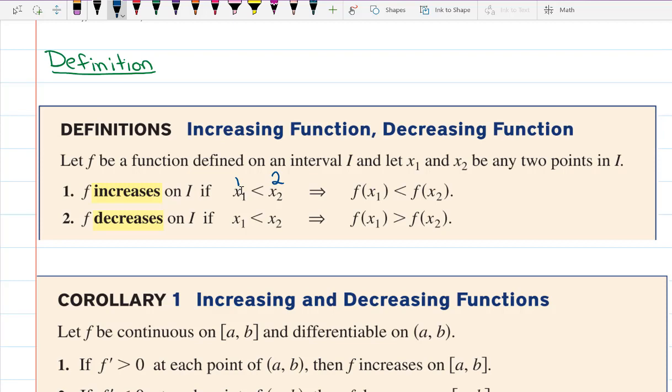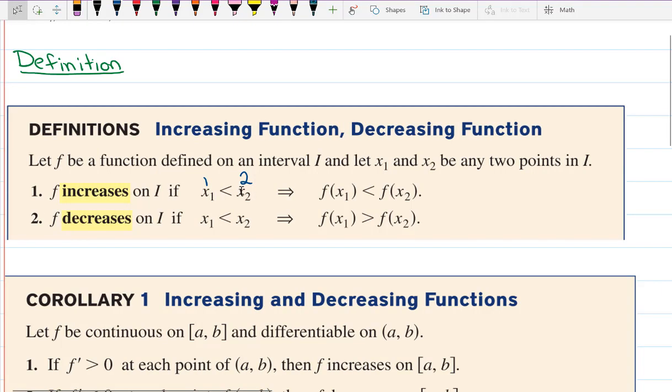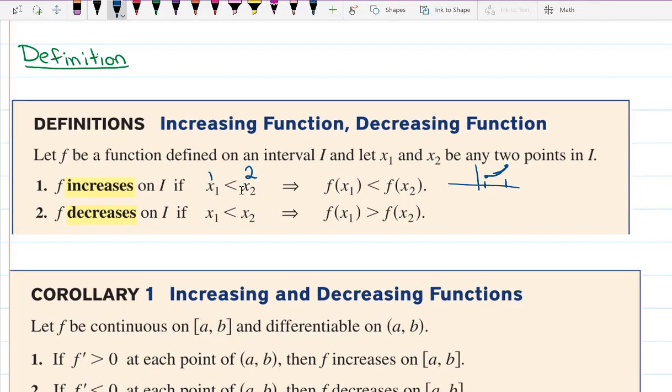Then the output of f evaluated at 1 is less than the output of f evaluated at the second point. So for example, if here's my graph and my x value is here, and this is its output, then for the x value over here, the output must be larger, so it's increasing.